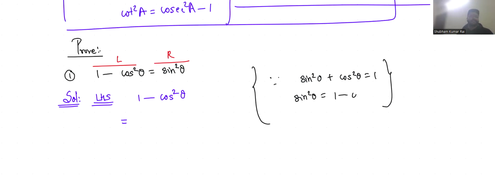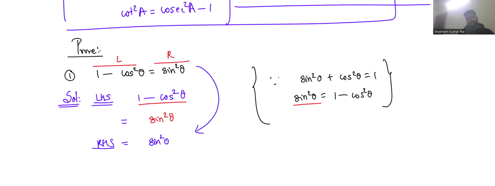Can you see the resemblance now? Yes, so this can be written as sine square theta. So we have got our left hand side as sine square theta, and the right hand side was also sine square theta. Therefore, left hand side is equal to right hand side. So this is a very basic, easy problem.